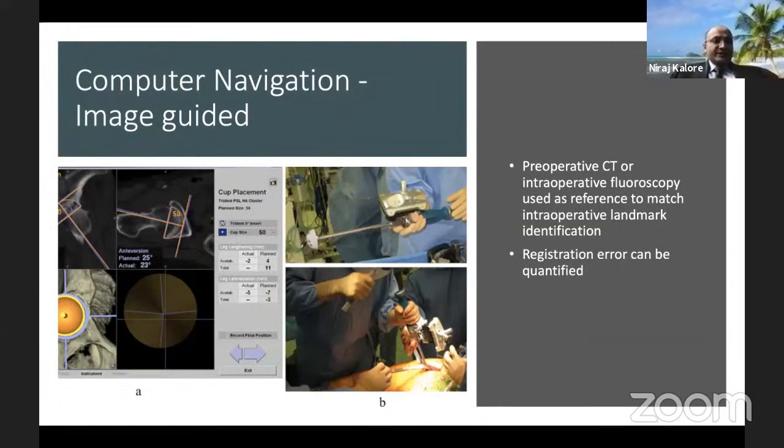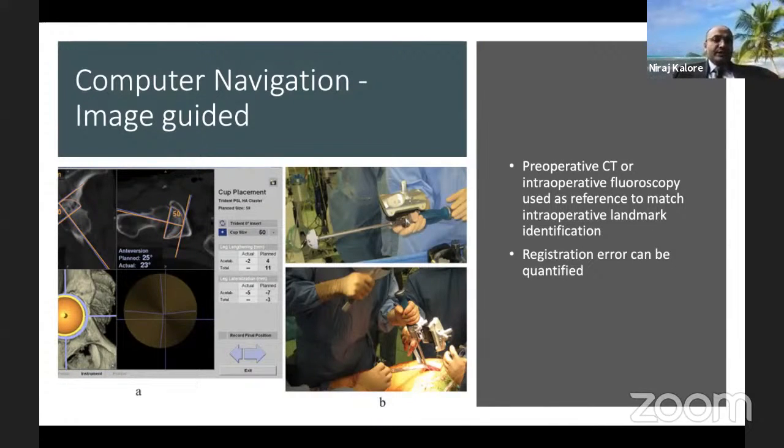The next variety is image guided navigation, where you are doing a preoperative CT scan, using it to size your components, using it to see how exactly they should be placed, what sizes and orientation is appropriate for it. The preoperative CT scan is used to prepare a 3D model.